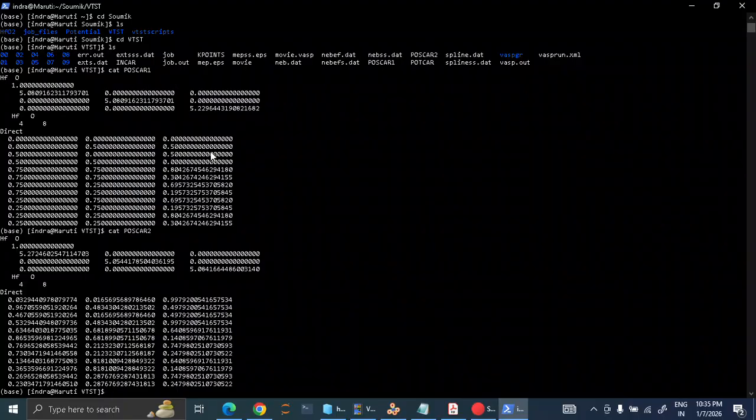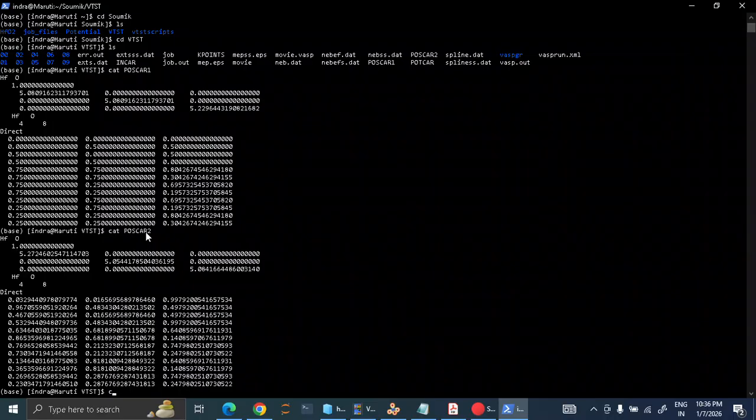Here this is my initial structure, the centrosymmetric P42/nmc space group structure of hafnium oxide, and this is the final ferroelectric structure. You can follow carefully. Here the lattice vectors are different for the two structures, and the atomic positions are also different. For this situation we have to use the VC-NEB or variable cell NEB method.